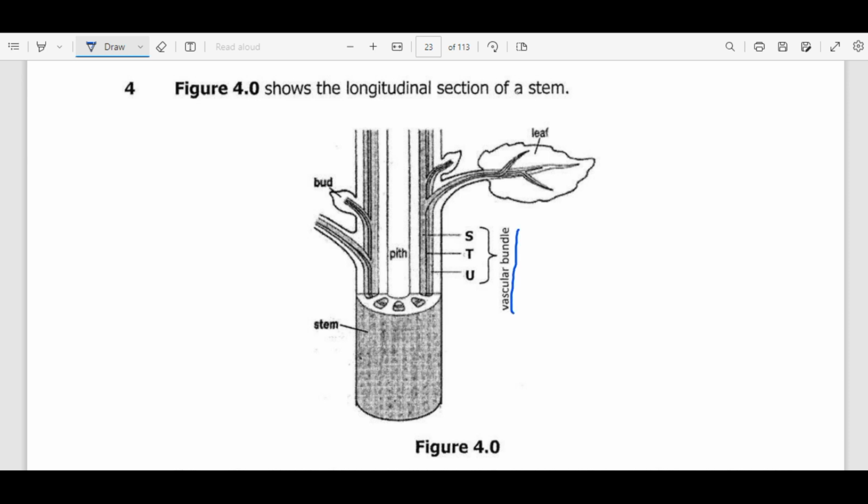You'd find that in the vascular bundle there are three cells which make up the vascular bundle. The first one is the cambium, and then we have the xylem and the phloem. So now we have to identify these based on their location.